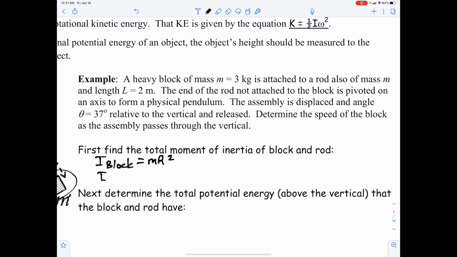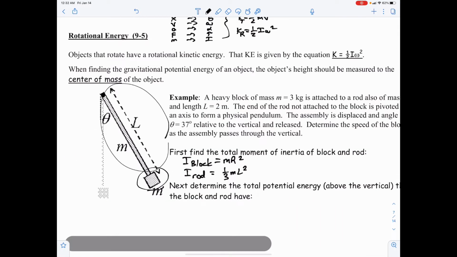Now, I of the rod, well, that's different because the rod is rotating about the endpoint. And the rotational inertia of the rod about the endpoint is 1/3 ml squared. But if you think about it, L is really the radius of this circle.